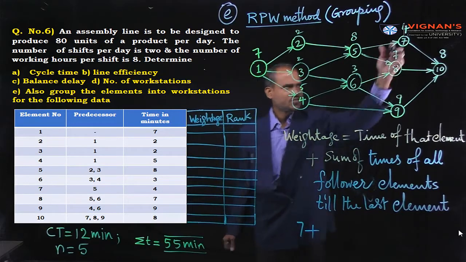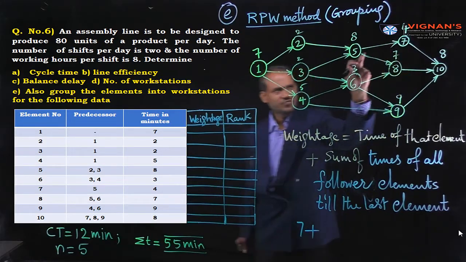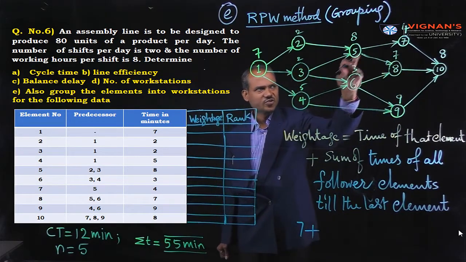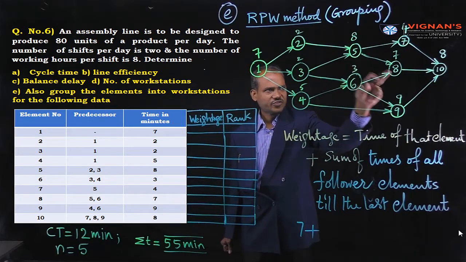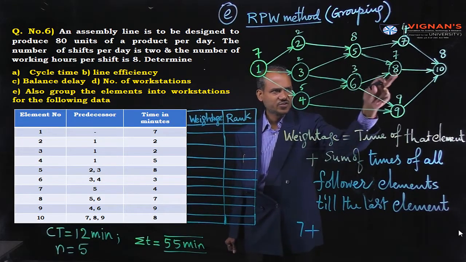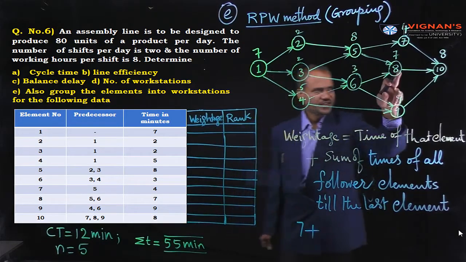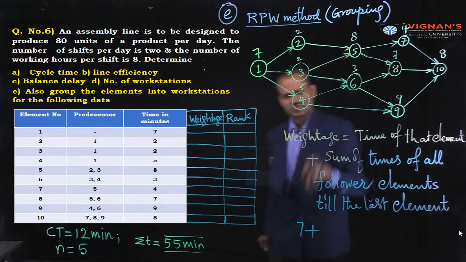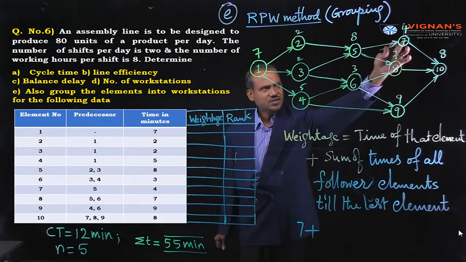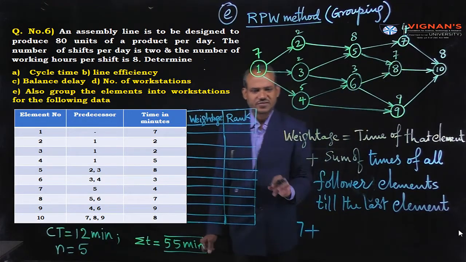Similarly, 7 is the follower for 5, 8 is the follower for 5 and 6, 9 is the follower for 6. Similarly, 10 is the follower for the 7, 8, 9 work elements.